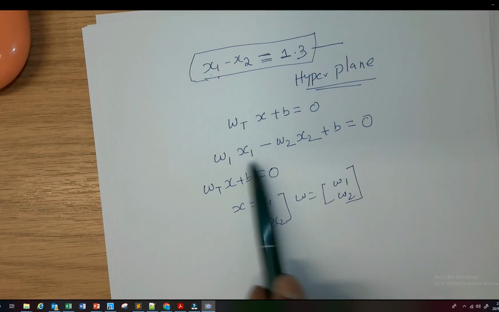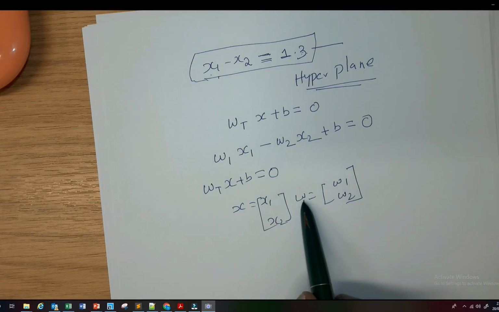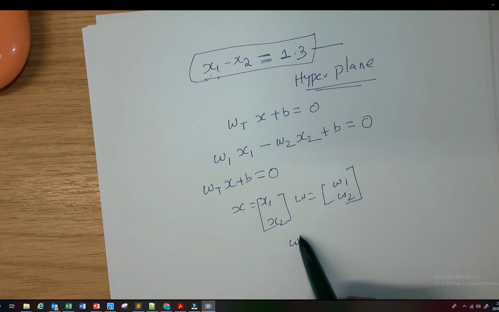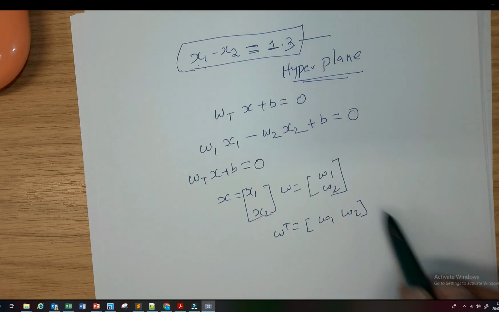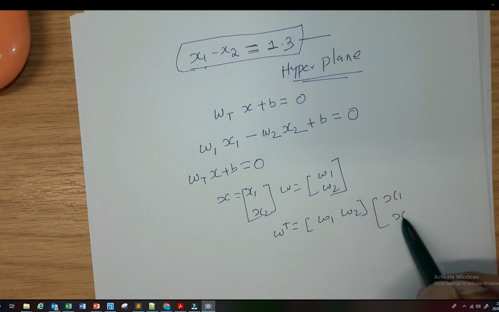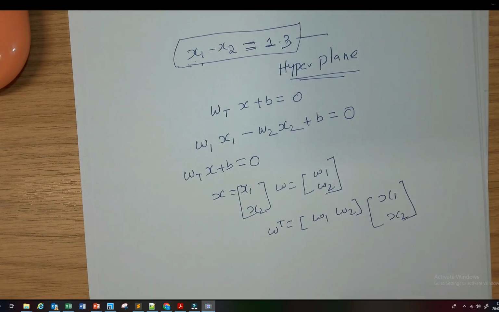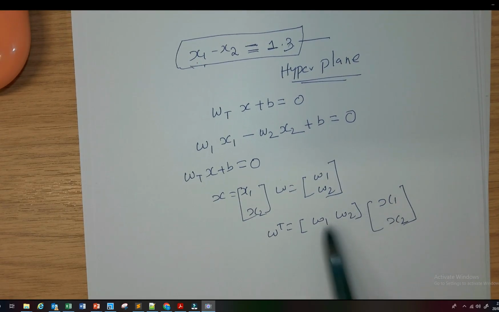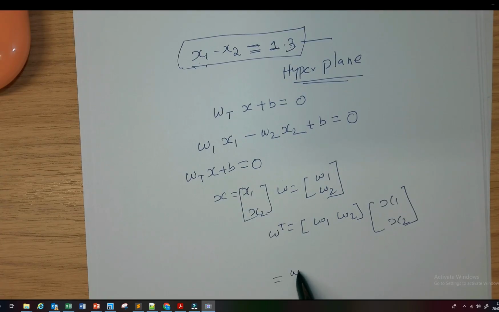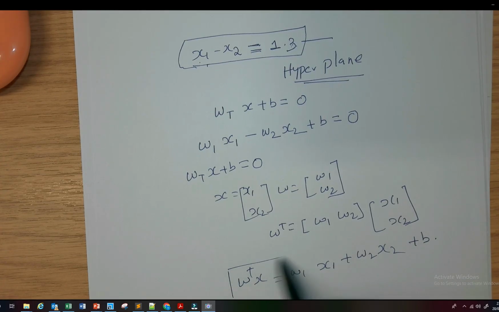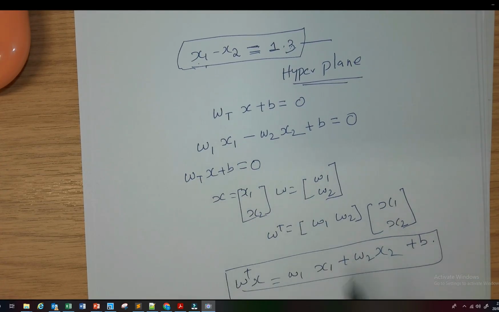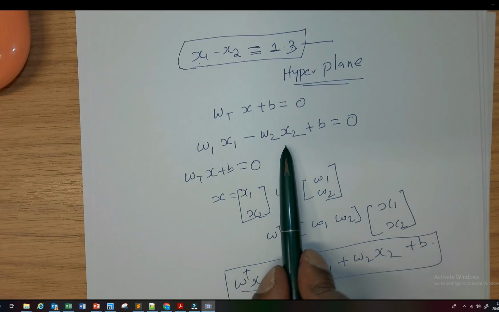So you have x1 and x2, and if you take the transpose of w, w transpose will be w1 w2 multiplied by x1 x2. So it will be w1 x1 plus w2 x2. This is nothing but w transpose x, isn't it? Plus b. So that's the equation of the hyperplane. If you look at this, our equation looks like that, isn't it?